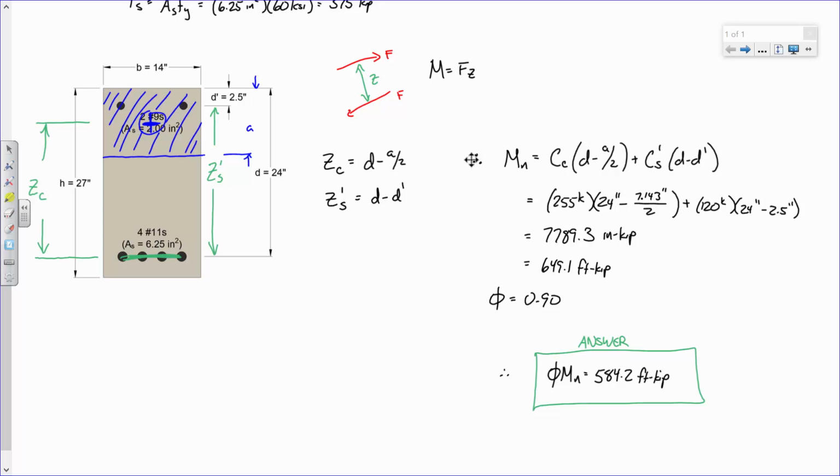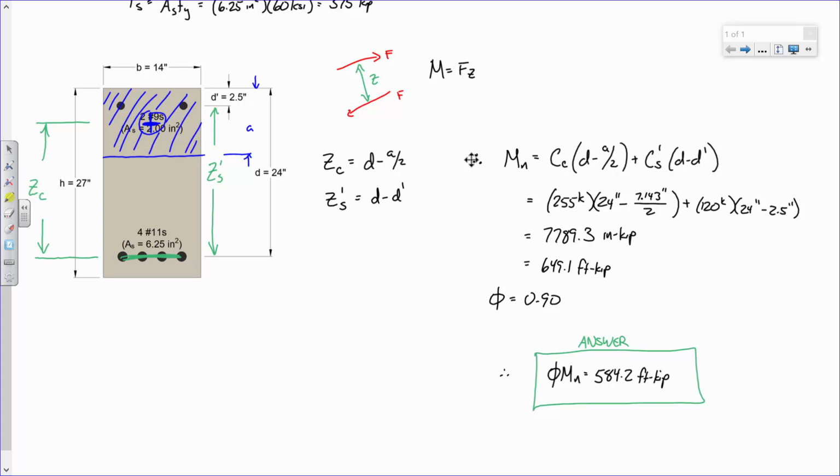It was 0.85 f'c a b. Why did we use As fy as opposed to the other? Because we were lazy. We just had to multiply two numbers together as opposed to four. In a singly reinforced beam we know C equals T, so it didn't really matter which one we used. I was just using the one with two variables as opposed to the one that has four.